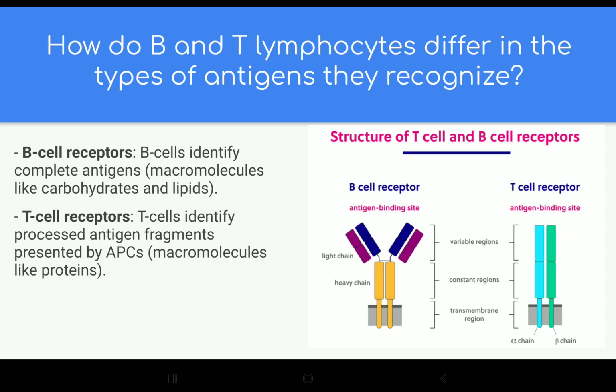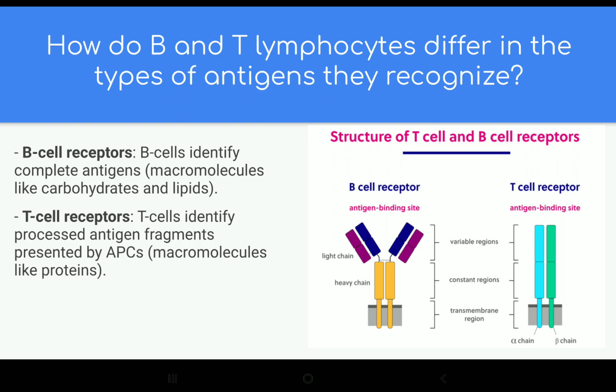More so, B cell receptors, otherwise known as BCRs, are used by B cells to identify complete antigens, which are usually macromolecules, like proteins and polysaccharides. Additionally, major histocompatibility complex (MHC) molecules enable T cells fitted with T cell receptors, TCRs, to identify processed antigen fragments presented by antigen-presenting cells, otherwise known as APCs.